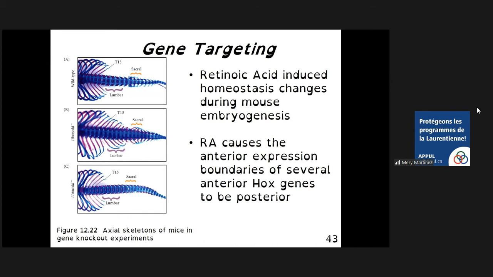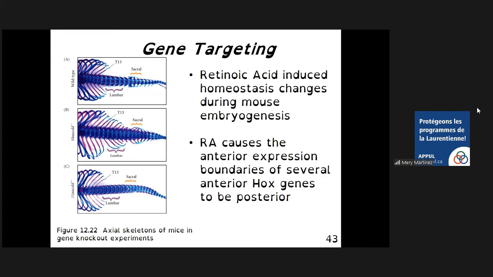Okay, so we know that retinoic acid causes the anterior expression boundaries of several anterior HOX genes to be shifted posteriorly, okay, in the formation of the vertebra. So the vertebra shifts anteriorly.